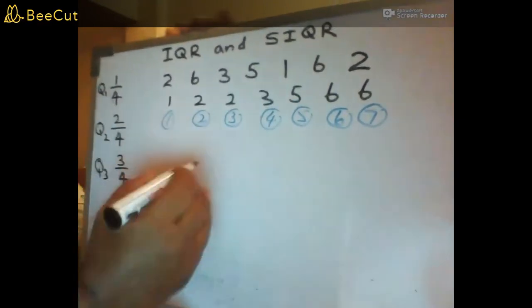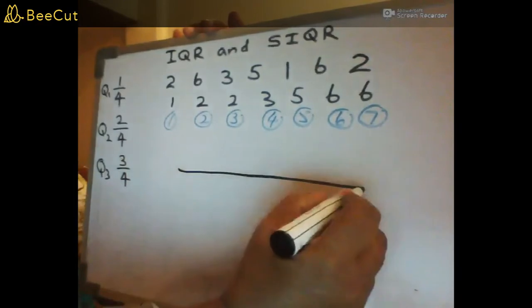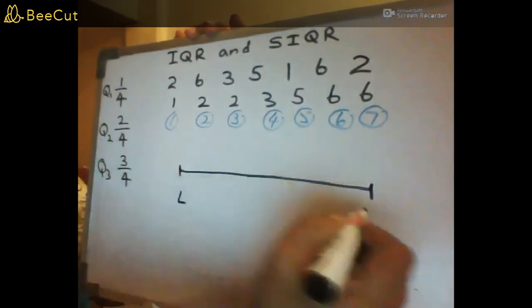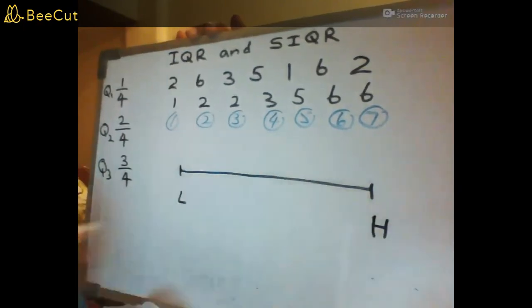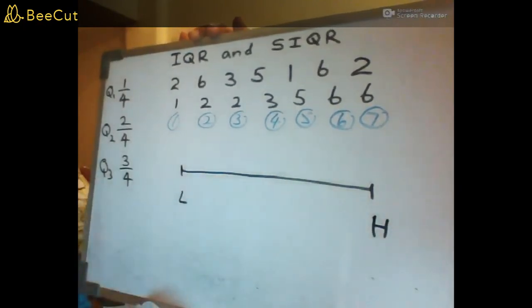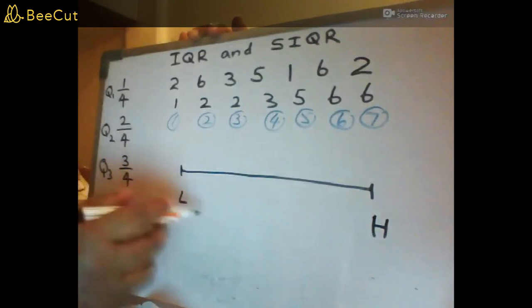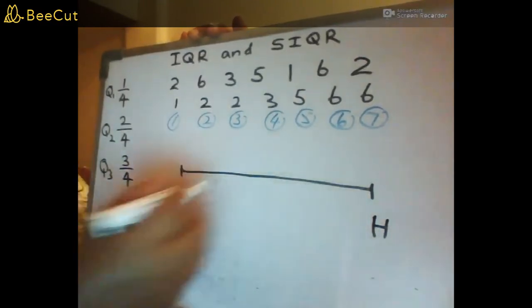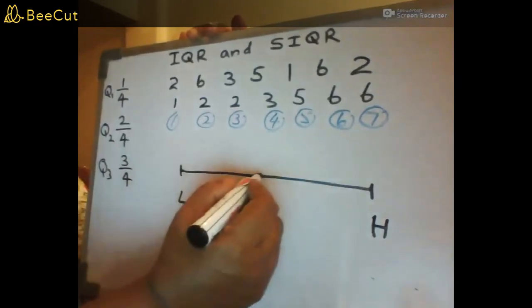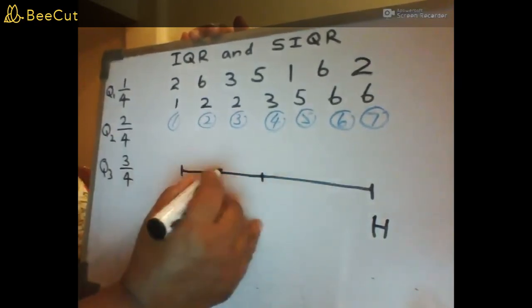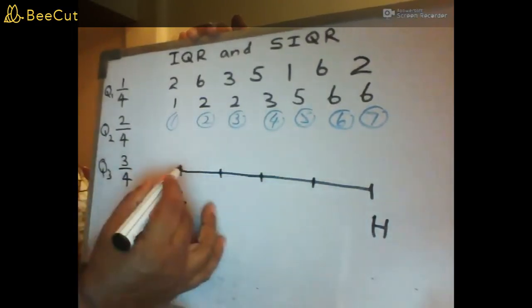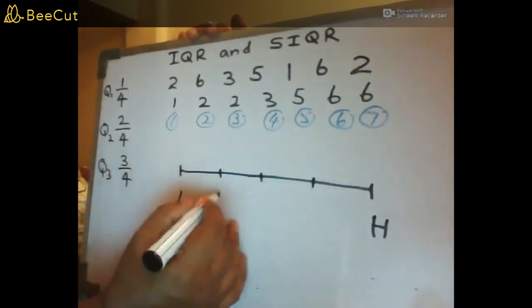What are these quarters? If you take a series of data, this is the lowest value, this is the highest value. When you are dealing with these, arrange them from the lowest to the highest. Then we divide this into 4 equal parts. This quarter is Q1.